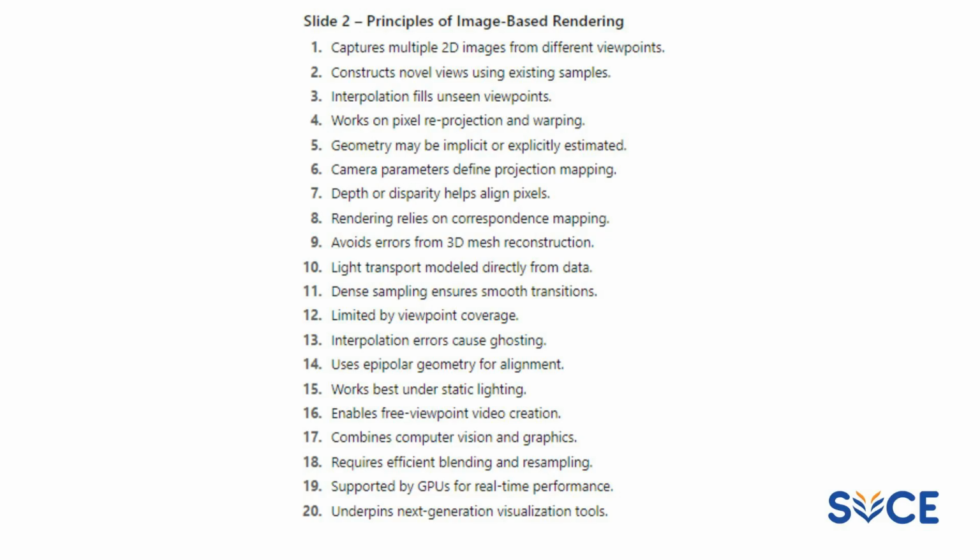Each image represents a unique view of the same environment, and together they form the foundation of the rendering process. The system then extracts correspondence information between the images, identifying which pixels or features in one image match those in the others.